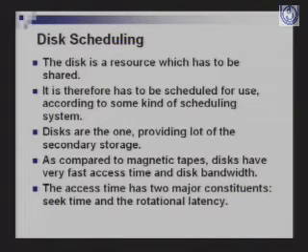As compared to magnetic tapes, disks have very fast access time and disk bandwidth. A magnetic tape is a kind of sequential mode. Suppose you want to access information stored at the end of the tape while the head is at the starting position.